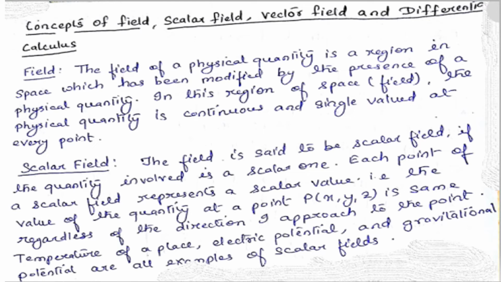Clear to all the students? Always keep in mind that whenever we talk about the scalar field, at every point within that field, the value will be unique. Unique means it will be different. Clear to you?